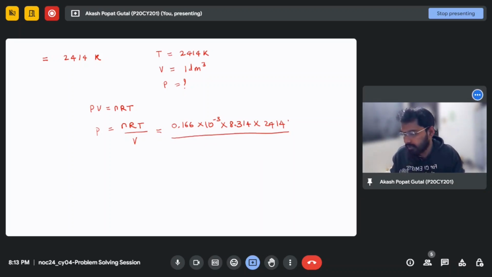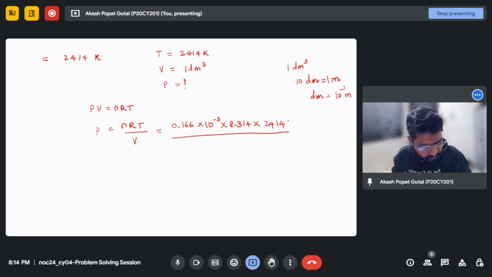So this is 1 decimeter cube, which is nothing but, 10 dm is equal to 1 meter. Hence 1 dm is equal to 10 raised to minus 1 meter. So we can convert dm cube into meter cube, as we want to keep everything in SI units. So that will be 10 raised to minus 3 meter cube.